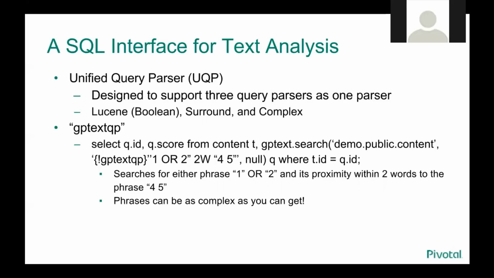From the search side, we added some huge capabilities. One of the biggest things is the unified query parser. Solr comes packaged with 3 different query parsers, which are the Lucene for Boolean queries, the surround for proximity searches, and complex, which are regular expressions.